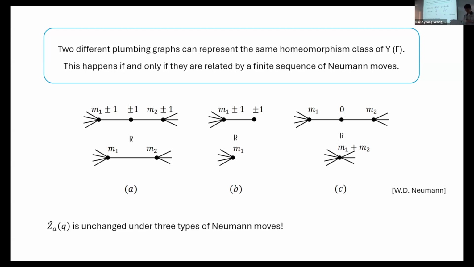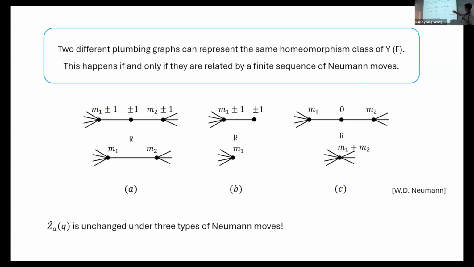Usually we call the move from the upper plumbing graph to the lower plumbing graph a blow-down, because we eliminate one vertex. The other direction, from the lower plumbing graph to the upper one, is called a blow-up because we create one node.